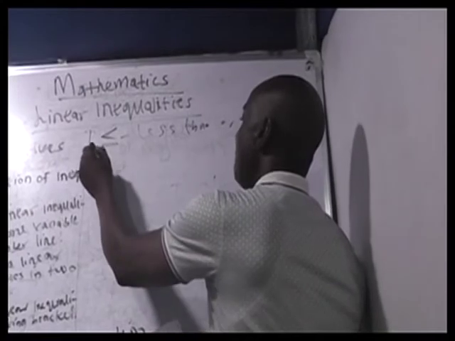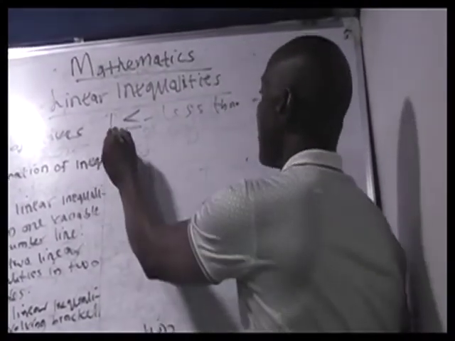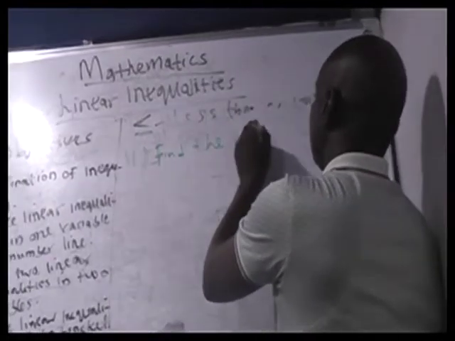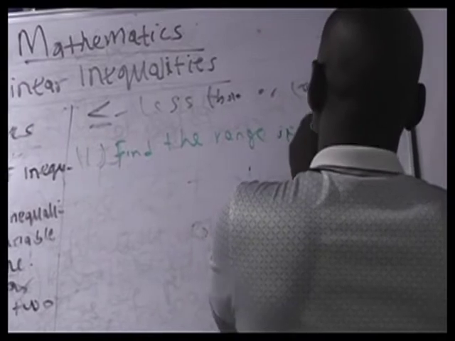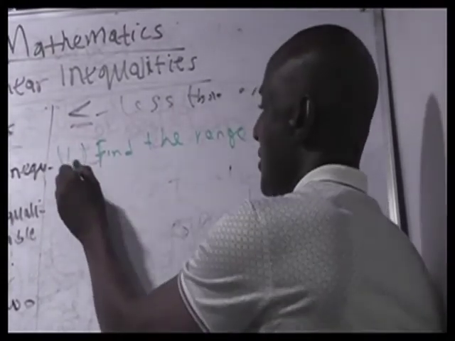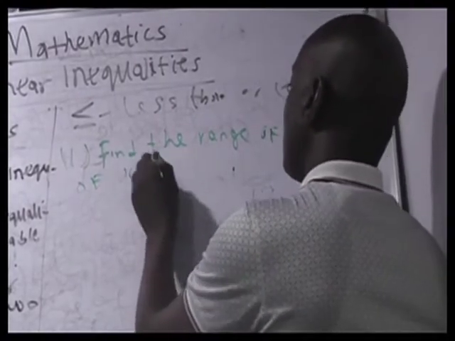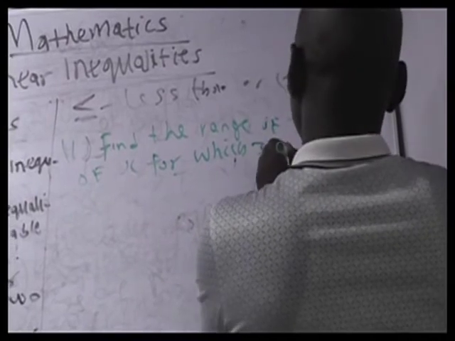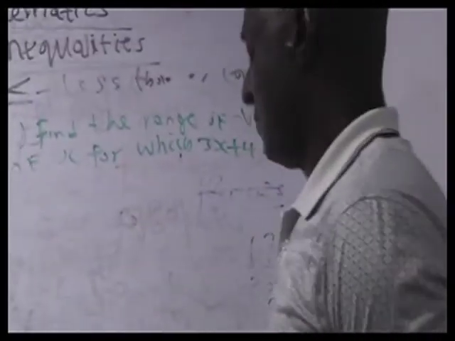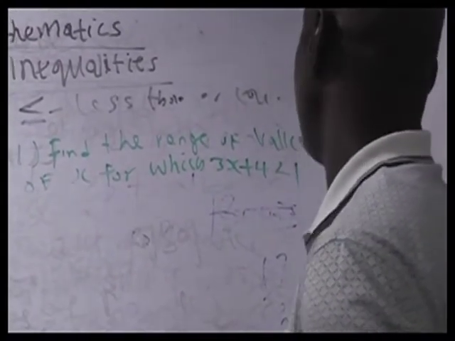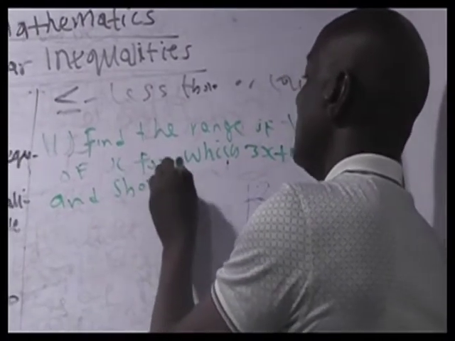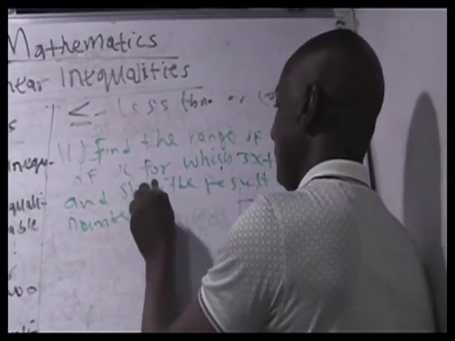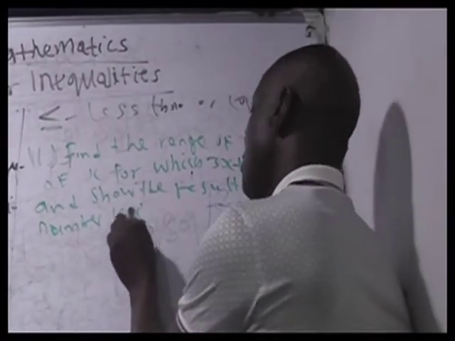For example, if you are given the first question here: find the range of values of X for which 3x plus 4 is less than 1, and show the result on a number line. So, first of all, you try to write your solution in a short form, SOLN.